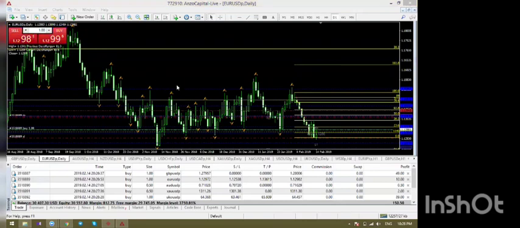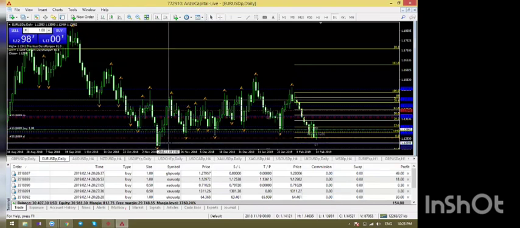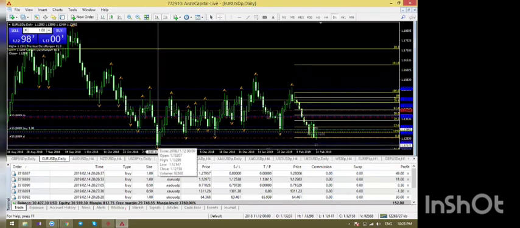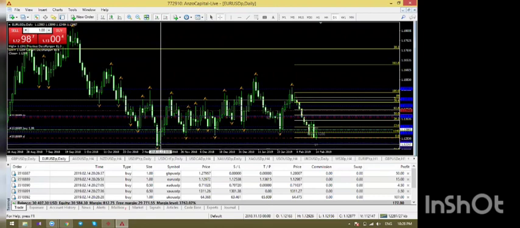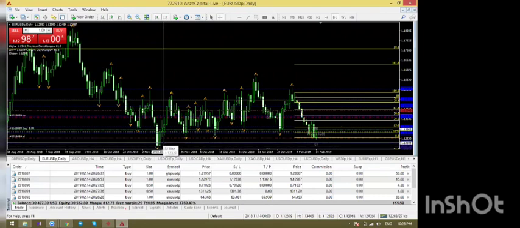Yes, if it had reached this point, the resistance would be open and your trend would have changed because the central pivot was open. You see, I put my stop loss in here because my central pivot is this, and when it goes further than this point, my trend is going to be descending.